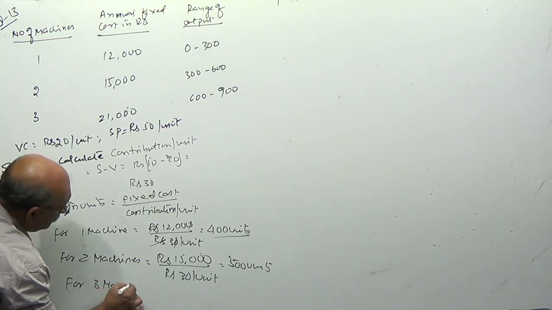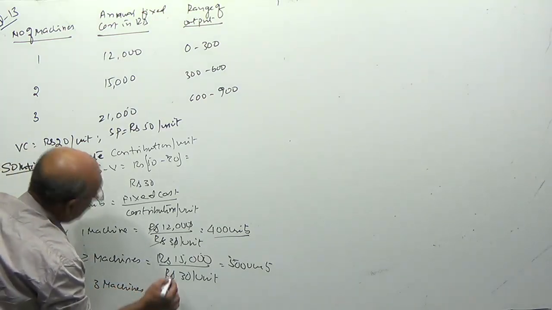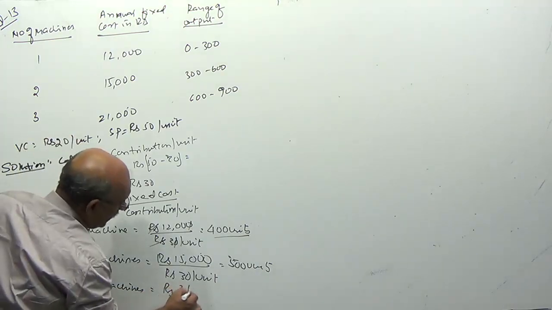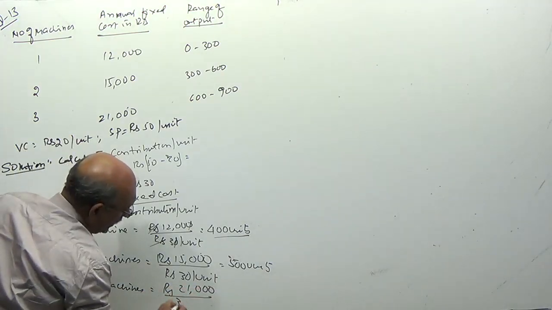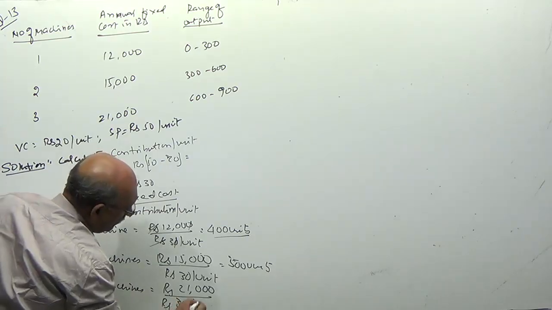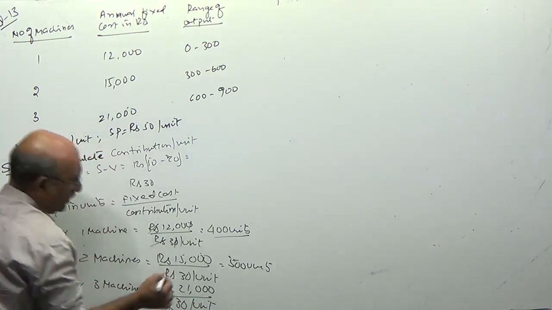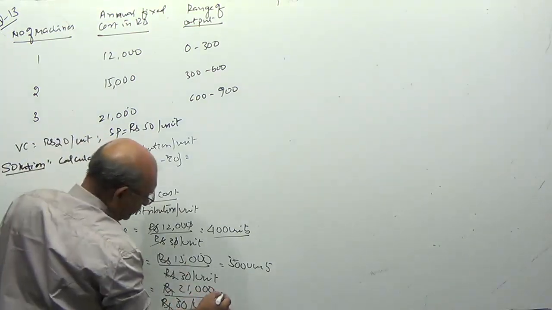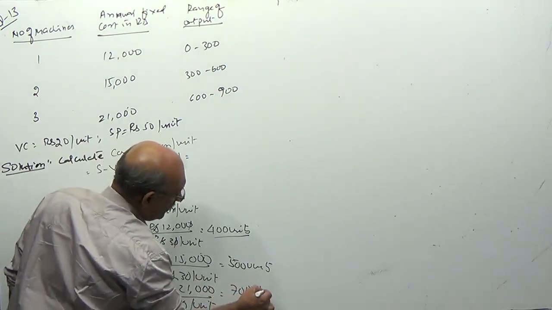For 3 machines, this is rupees 21,000 divided by rupees 30 per unit. Rupees cancel. This is 700 units.